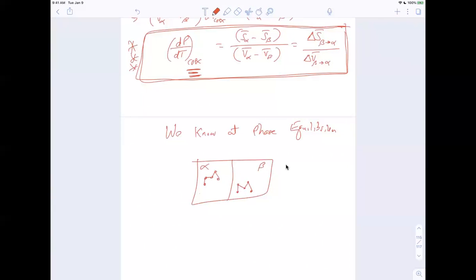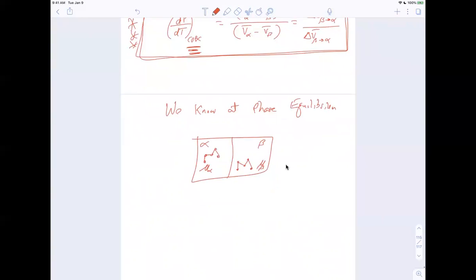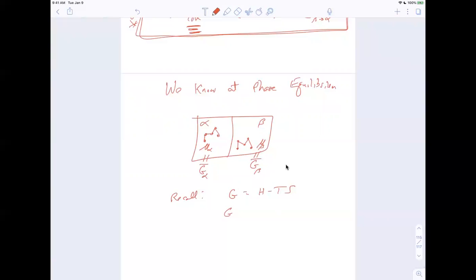We know that mu alpha is equal to mu beta, but for a pure fluid, this is just equal to G bar. So G bar alpha is equal to G bar beta. That's all this is. But we know what G is from its definition. Recall G is equal to H minus TS. So G bar is equal to H bar minus T S bar, where T is temperature and everything with a bar over it is a molar quantity.